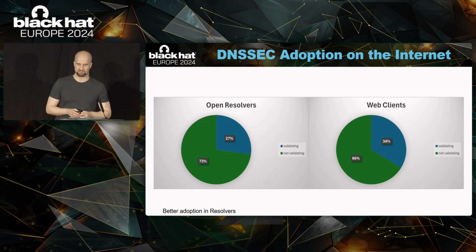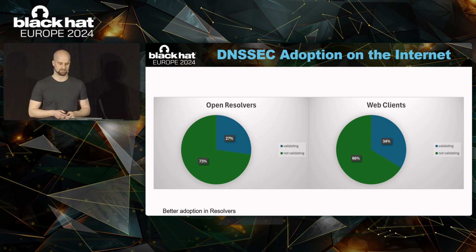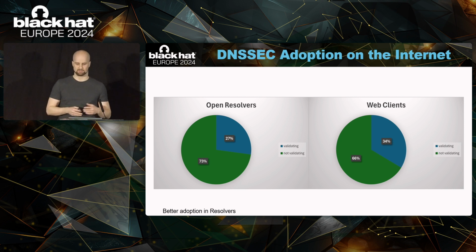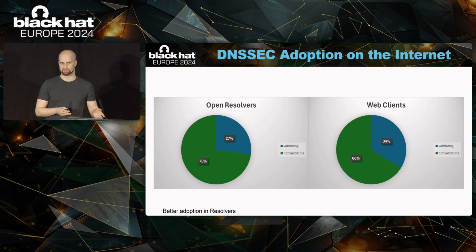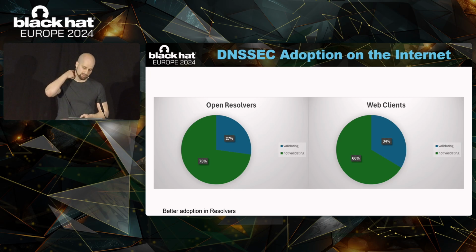If you take, for instance, the IPv4 address space and select all those IPv4 addresses which do DNS resolution, about a quarter of them also do DNSSEC validation. And if you conduct studies using web clients, for instance using ad networks, which is something we did, you see that about a third of the web clients worldwide are protected by resolvers which do validate DNSSEC.